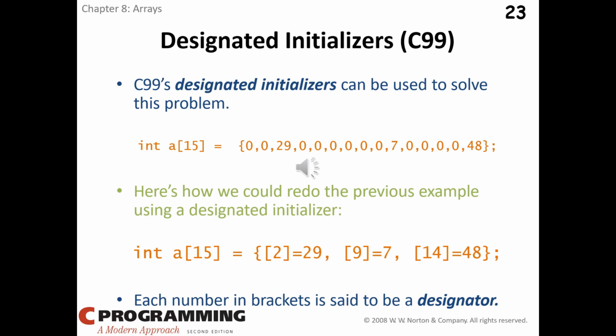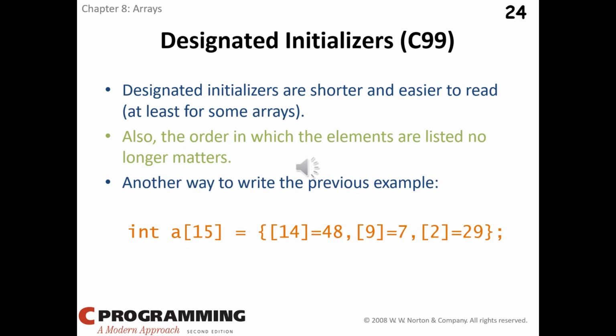So designated initializers not only help us set specific values in our arrays, but also make our code shorter and easier to understand. So with designated initializers, we can write our array initialization in any order we want.